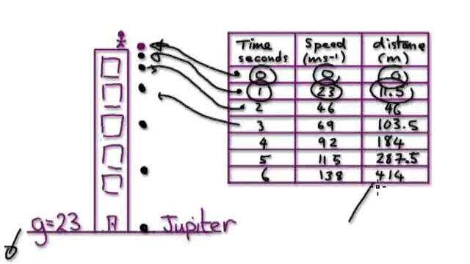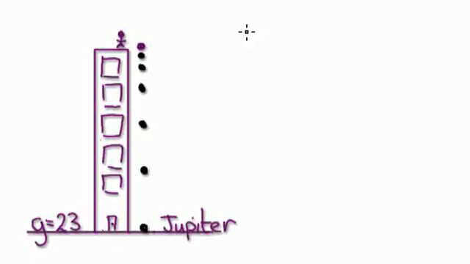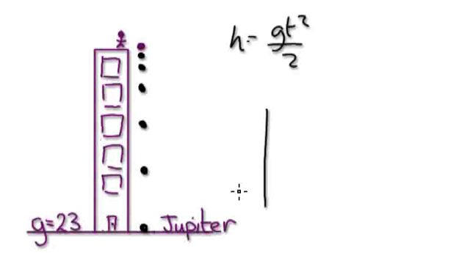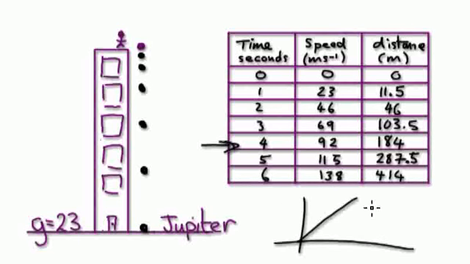Oh, well, when you work out the distance, you could either use h equals gt squared over 2, or you could just quickly sketch the speed time graph. So for example, let's say you wanted to know the distance after 4 seconds. You could just quickly sketch your speed time graph.